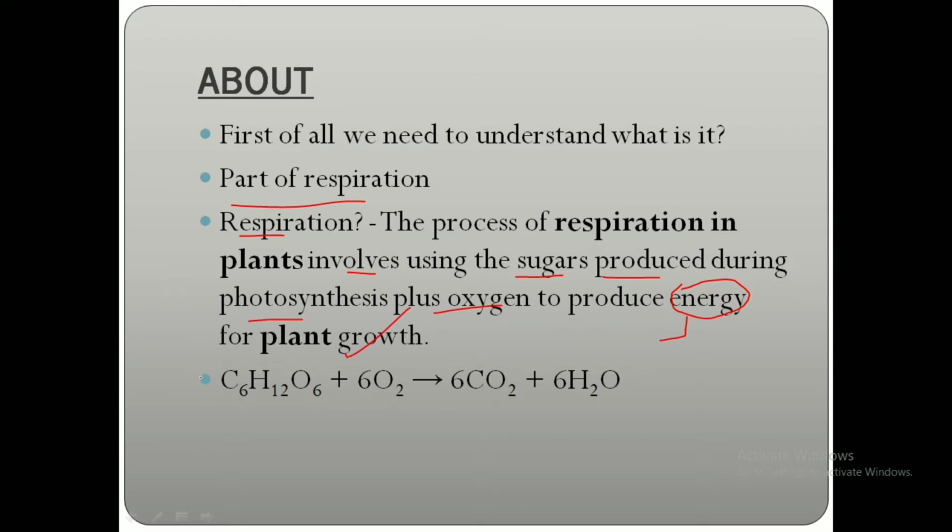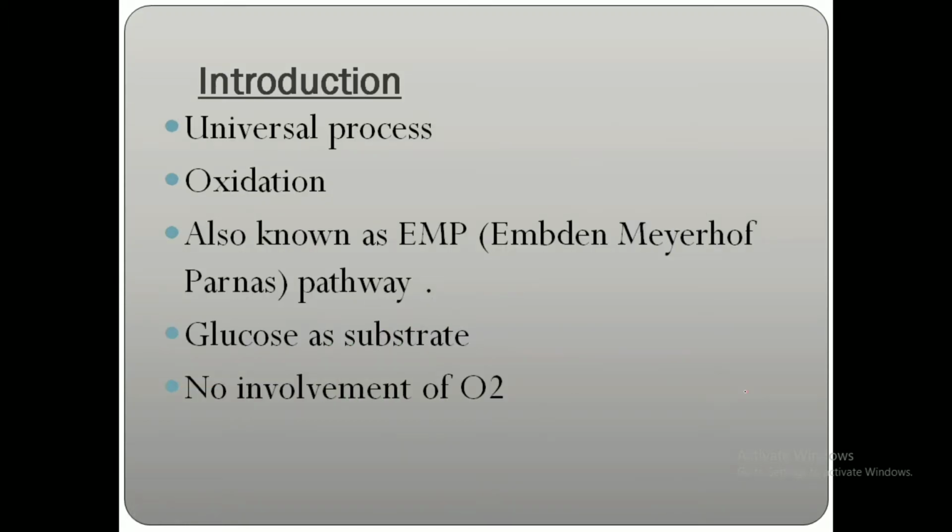So this is the complete reaction of respiration, that is glucose plus oxygen getting converted into carbon dioxide and water, and along with that we have ATP produced, and this ATP is the energy currency of the cell. So let us understand about glycolysis now.